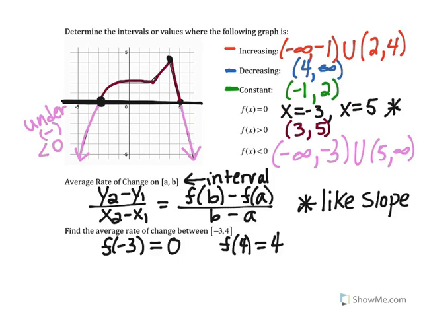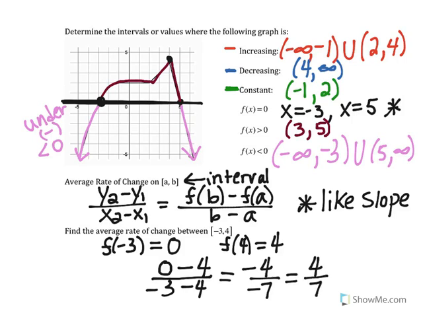Okay, so we're going to do the rate of change here. We'll do 0 minus 4, which is f of -3 minus f of 4, divided by -3 minus 4. So again, y values minus each other over the x values. You'll get -4 over -7, which is going to equal 4 over 7. So if you can do slope, you can do average rate of change. It's the same thing.